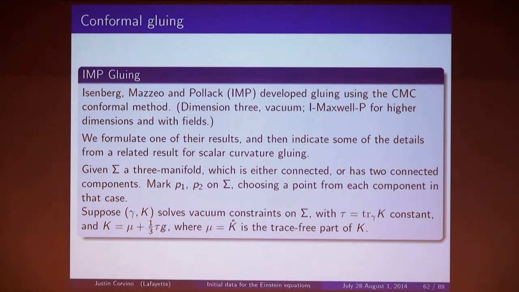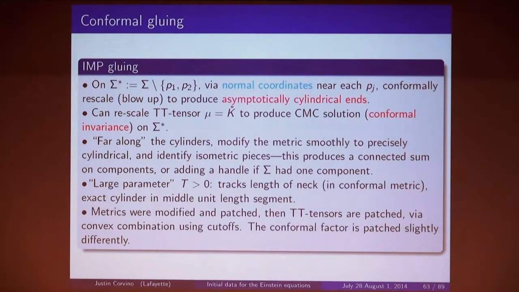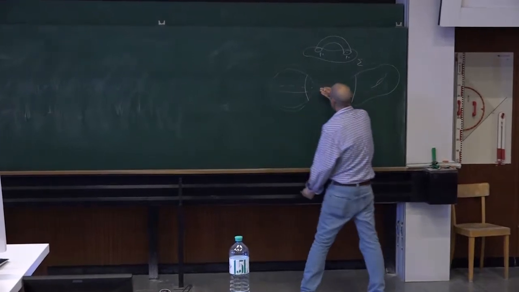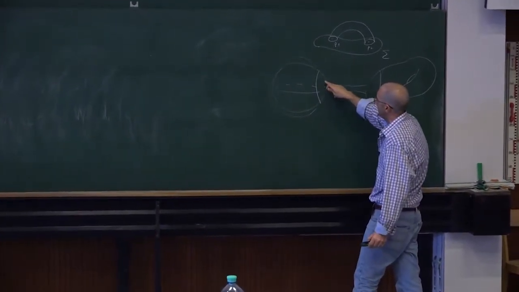All right. So what's the general idea of the proof? You start with, I'll just draw one piece, a manifold and a point and a little neighborhood.